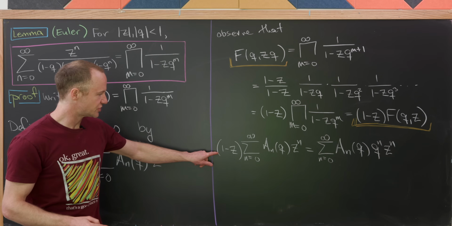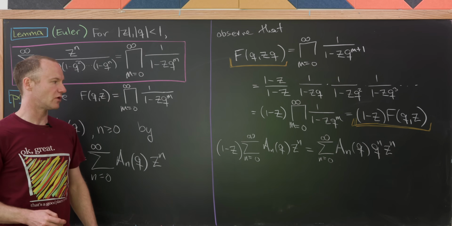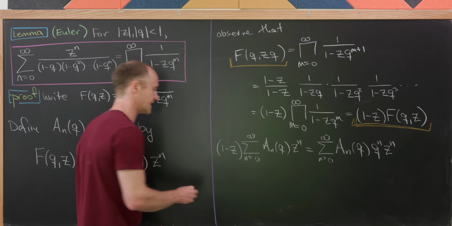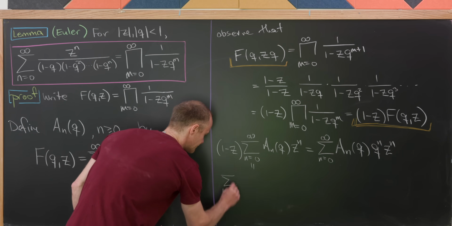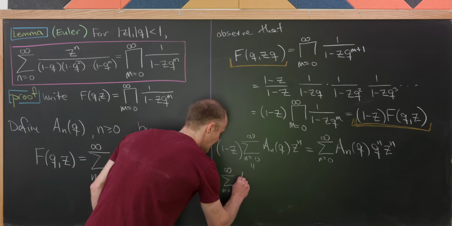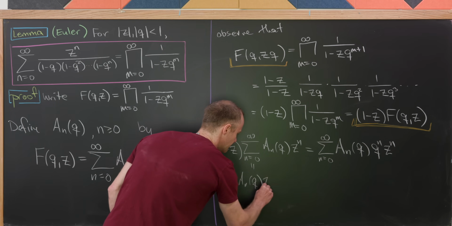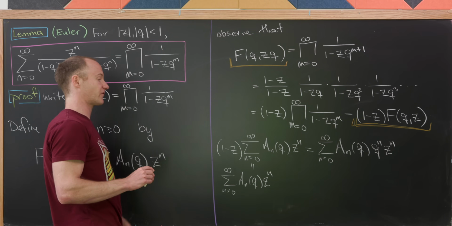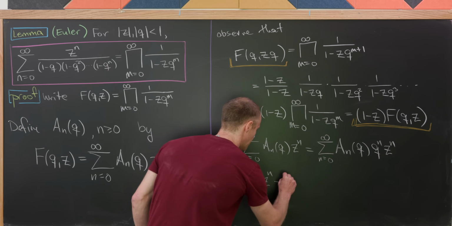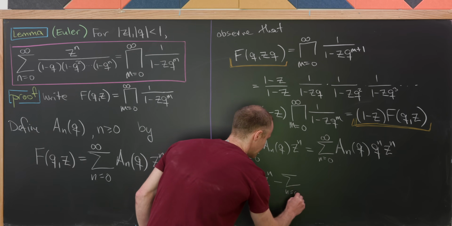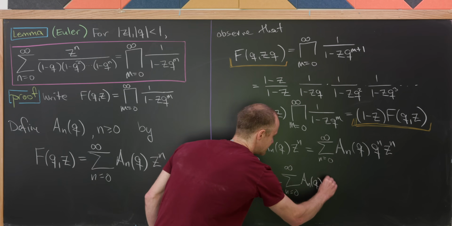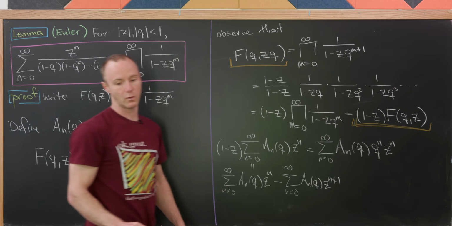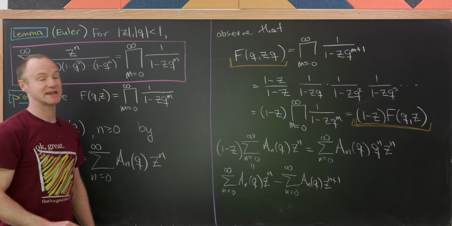Then next up, what we'll do is take this 1 minus z and multiply it through on the left-hand side. That'll leave us with a sum as n goes from 0 to infinity of a sub n of q times z to the n. That's the first term. And then minus the sum as n goes from 0 to infinity of a sub n of q z to the n plus 1. That's the second term.